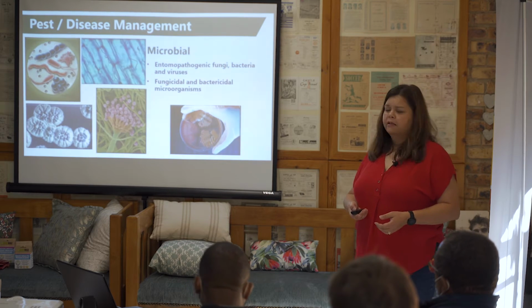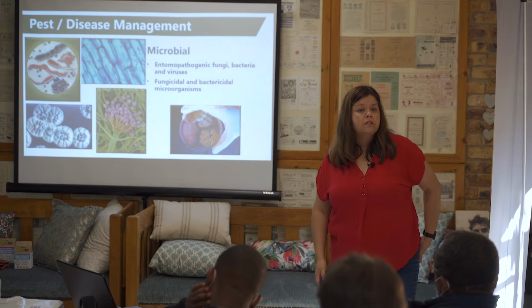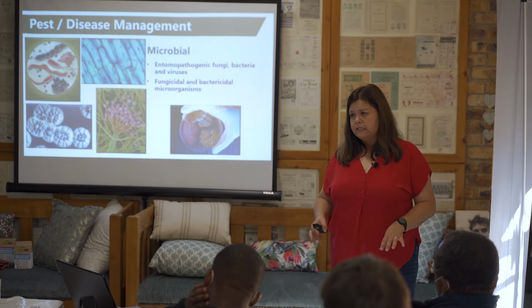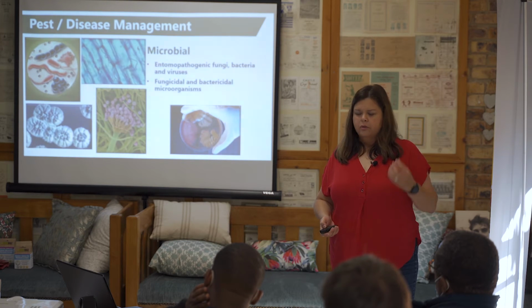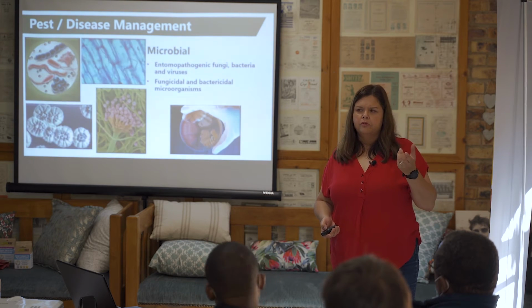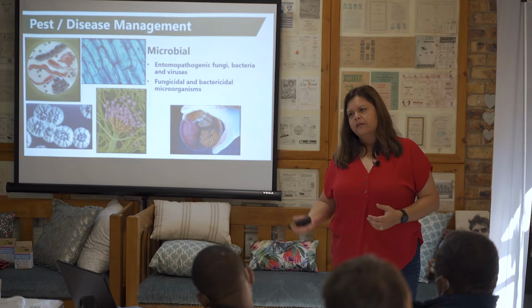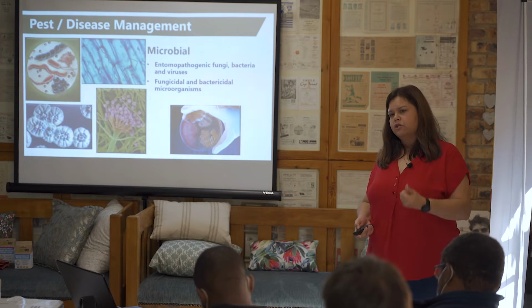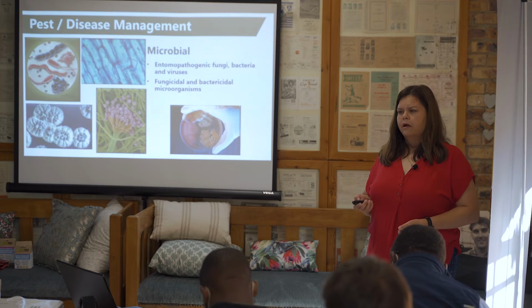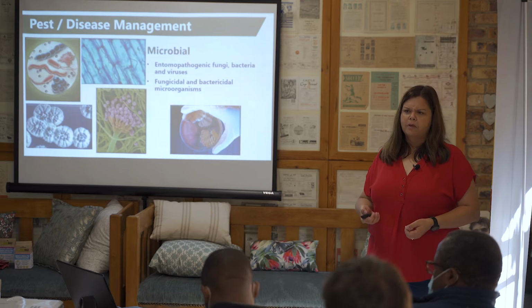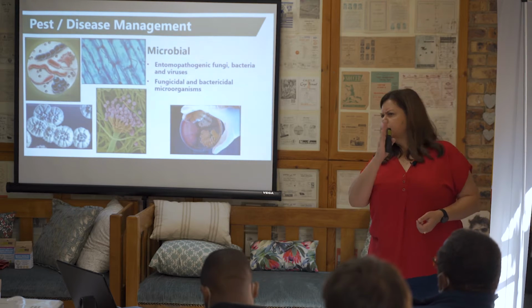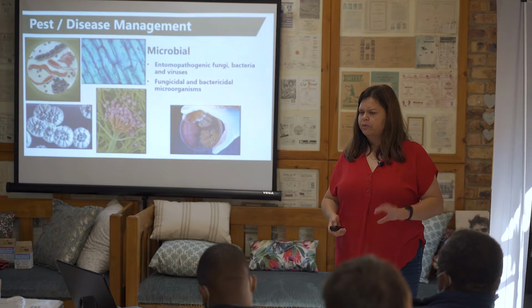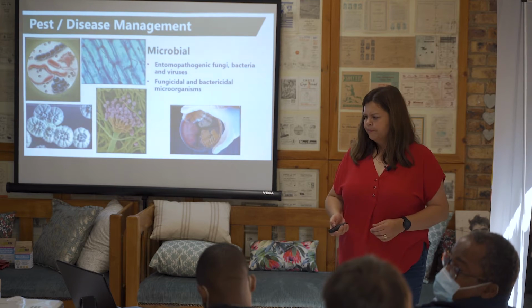Next one is fungicidal and bactericidal microorganisms. So these are microbes that can attack diseases that you've got. So we're looking at dry flower, seeing if there's a bacteria that we can use to maybe limit the damage that it causes, and you can actually sit with more nuts on your raceme. I know you guys are busy testing it at the moment, playing around with it. Yeah.